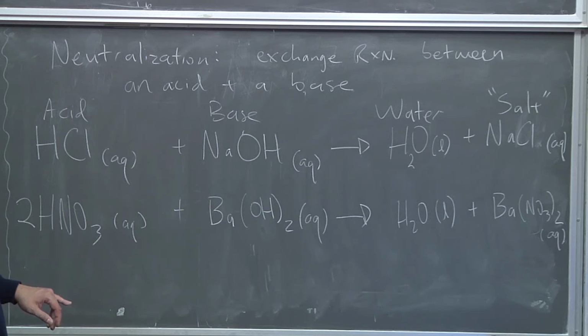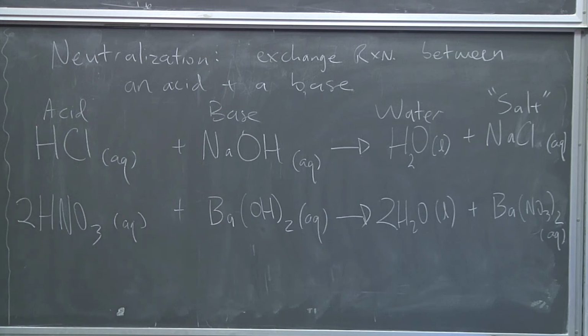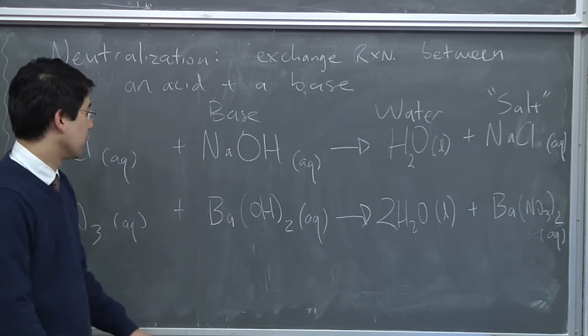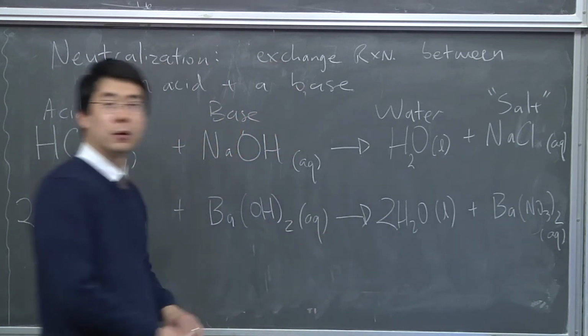Did we do everything right here? Okay. Oh, yeah, okay, so we need 2 of these. Because we have H's from here and from here, yeah. So that's going to work, right? 4 H's, 1, 2, 3, 4, 2 O's, 2 O's. Yeah, that works.